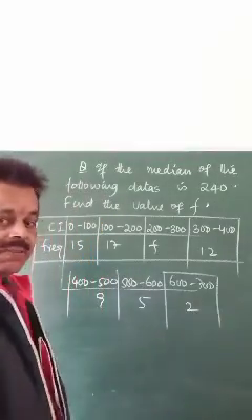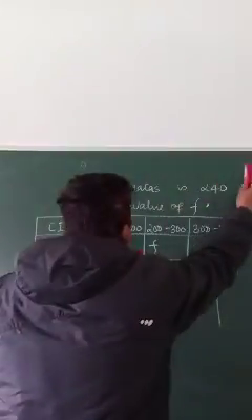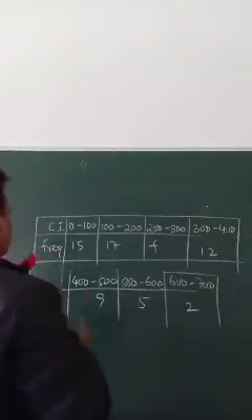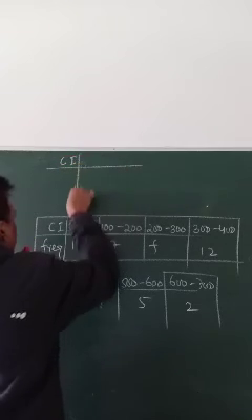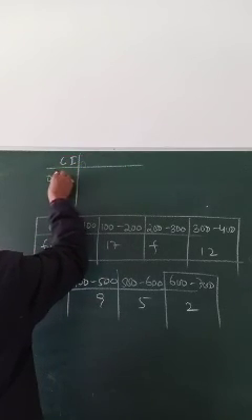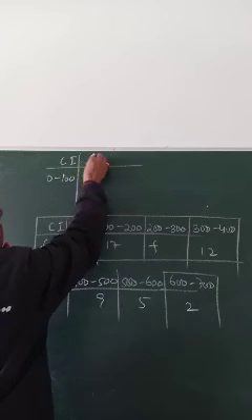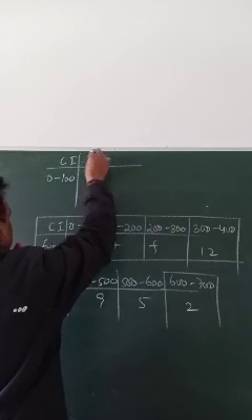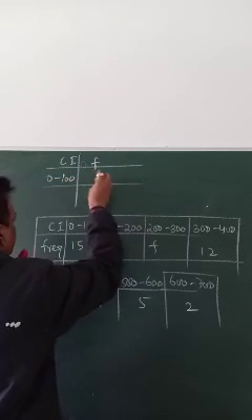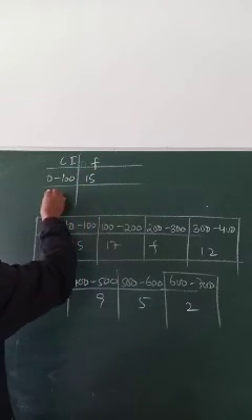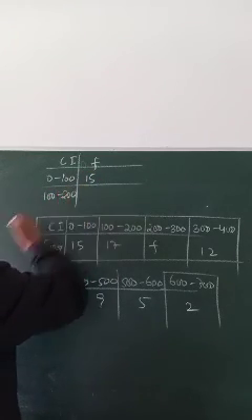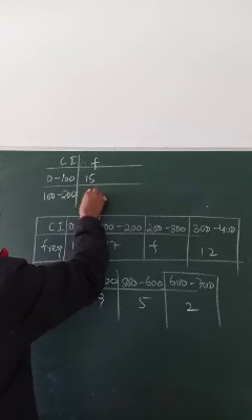So first you copy the table, that is CI, 0 to 100. This is frequency. 0 to 100 is 50. Then 100 to 200 is 70.